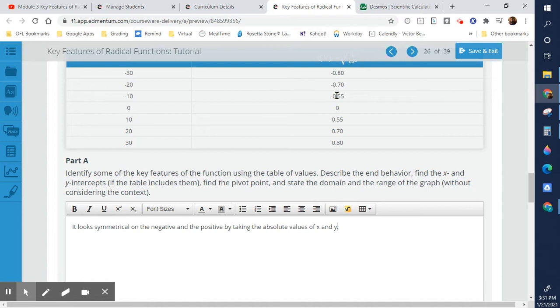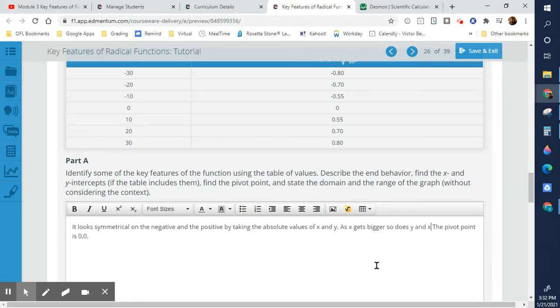Find the pivot point. The pivot point is 0, 0. Obviously, that's our pivot point. Now describe the end behaviors, which is one thing I didn't mention. As x gets bigger, so does y.